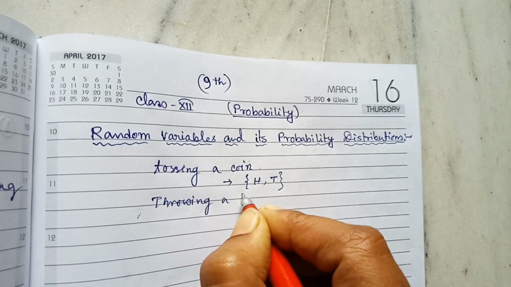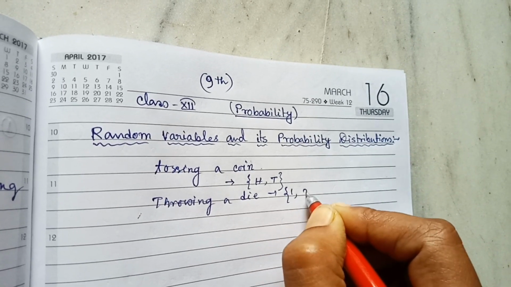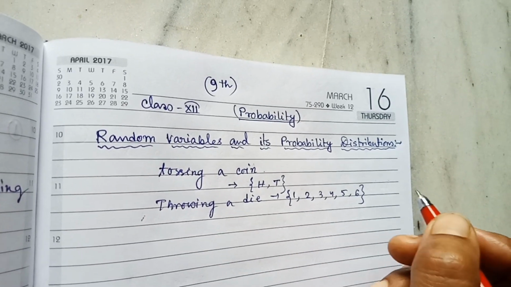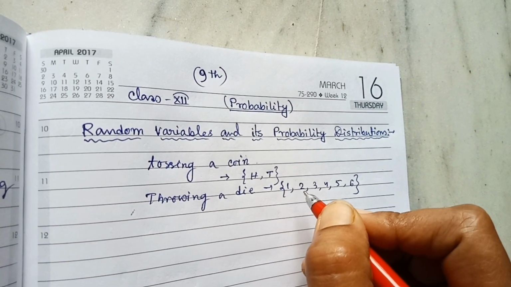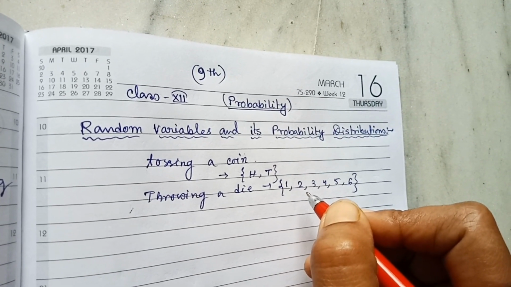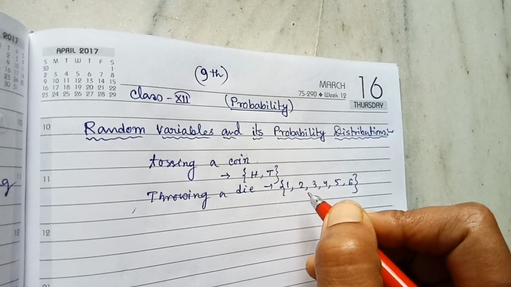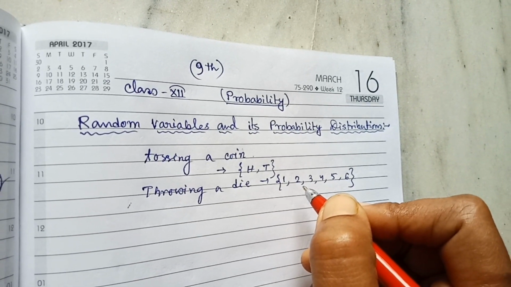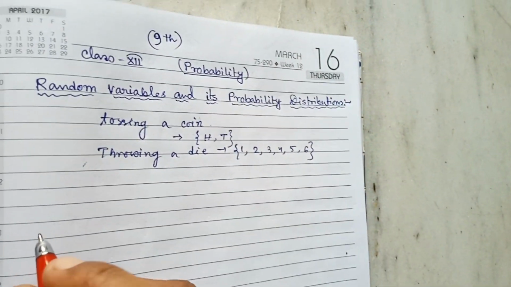We have seen 1, 2, 3, 4, 5, 6 are the outcomes, and we have also found odd numbers and even numbers, multiples of 3. So there are many things you can assume.